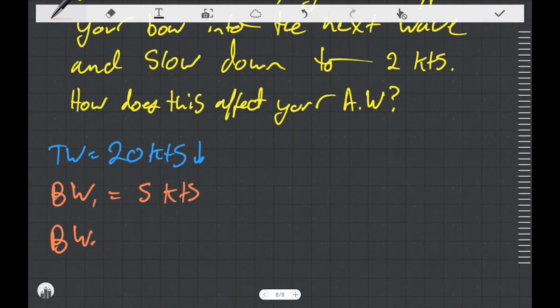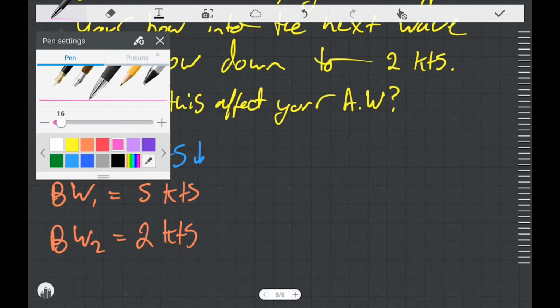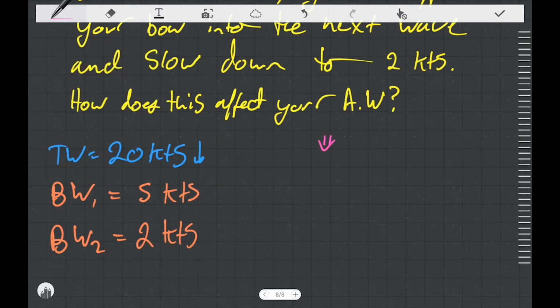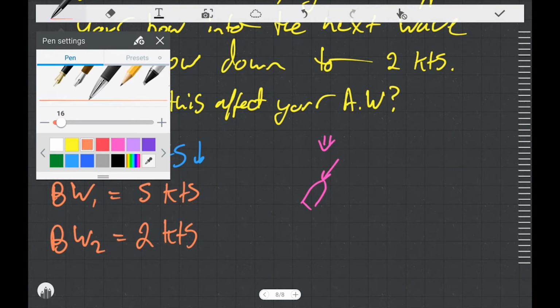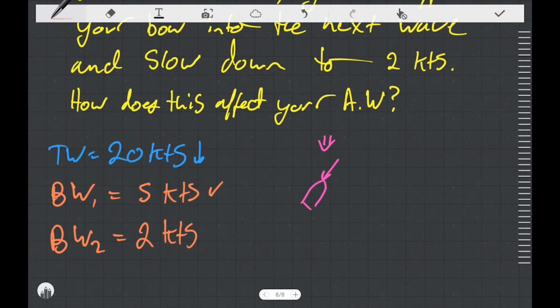And boat wind 2, we just found out, is 2 knots. Now, what's the direction of that? Let's just draw a quick little sketch here. We got the wind coming down. We got a boat heading upwind, close hauled, and that's going to be our direction for our boat wind. It is going to be down and to the left.